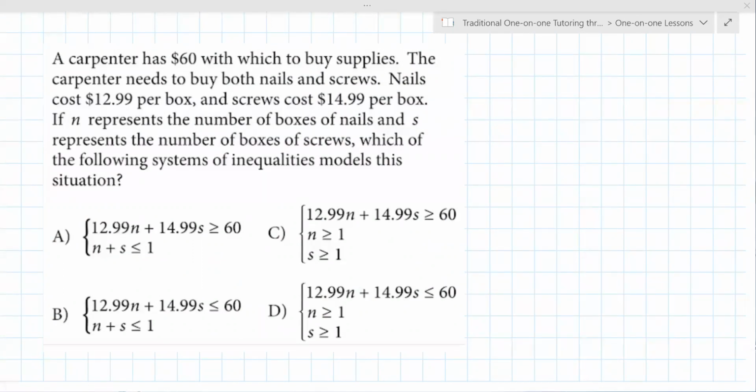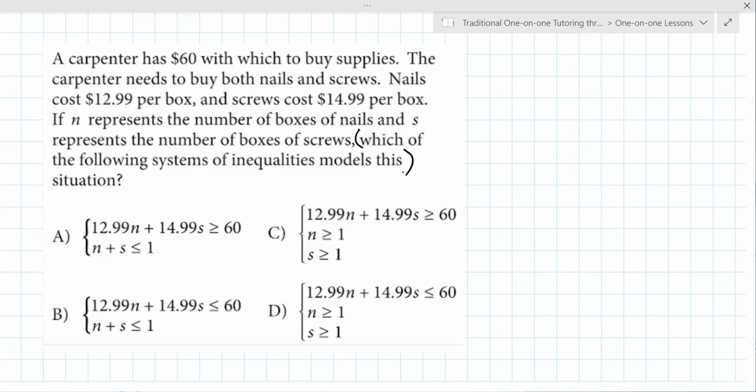A carpenter with 60. Oh, wait. Hold on. If N represents the number of boxes of nails and S represents the number of boxes of screws, which of the following systems of inequalities models this situation? A carpenter has $60 with which to buy supplies.